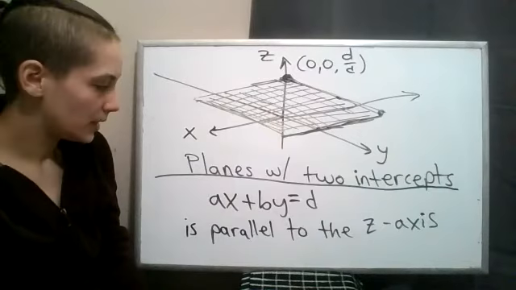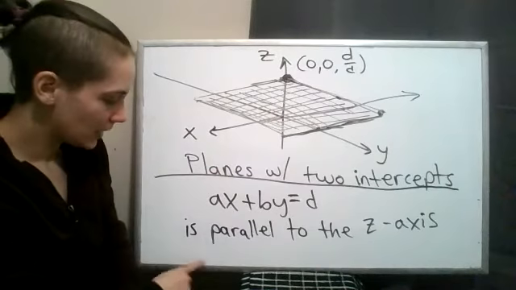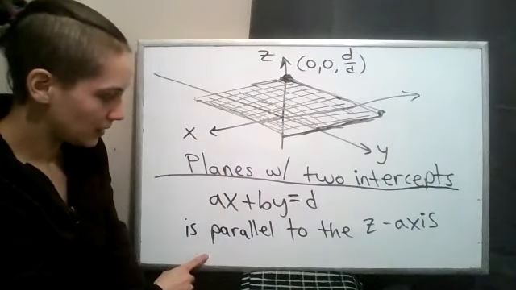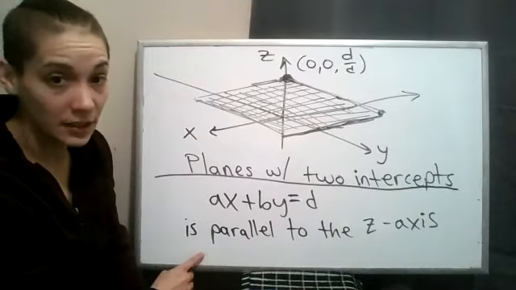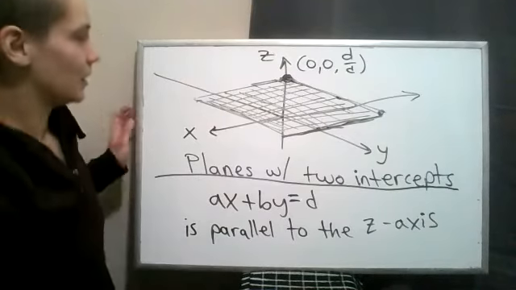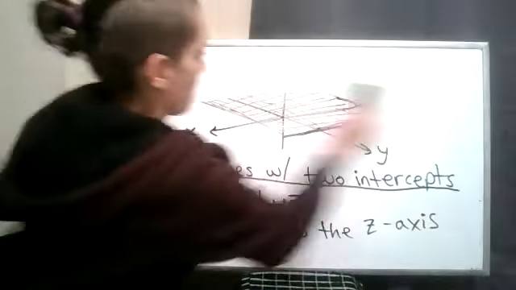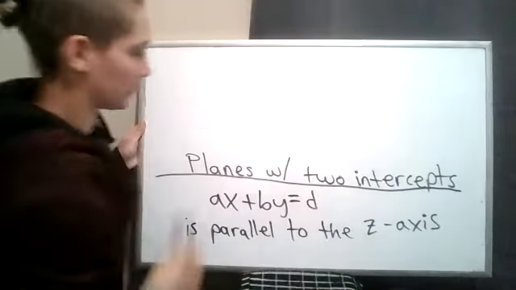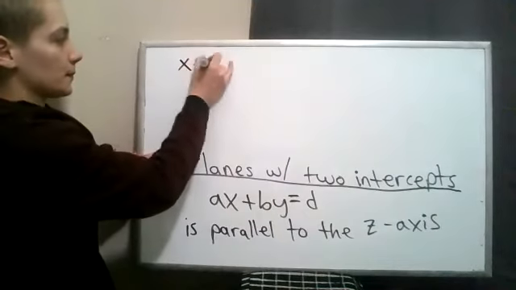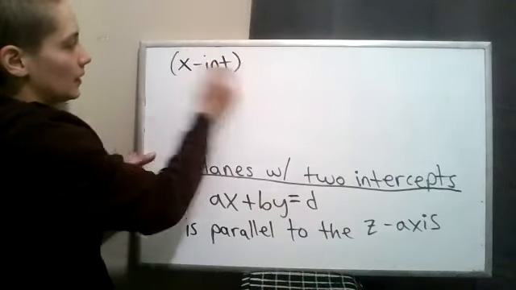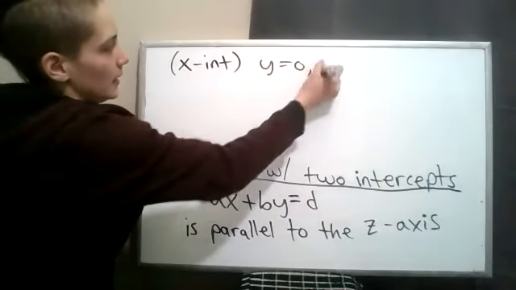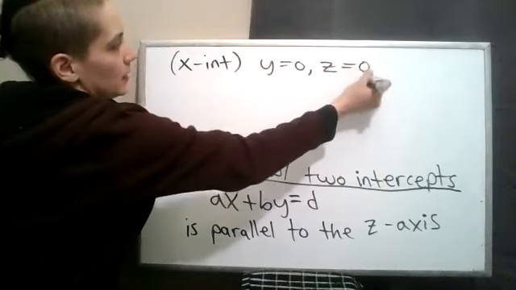So let's do this one. The z-intercept, the x-intercept and the y-intercept. For the x-intercept, y is 0 and z equals 0.